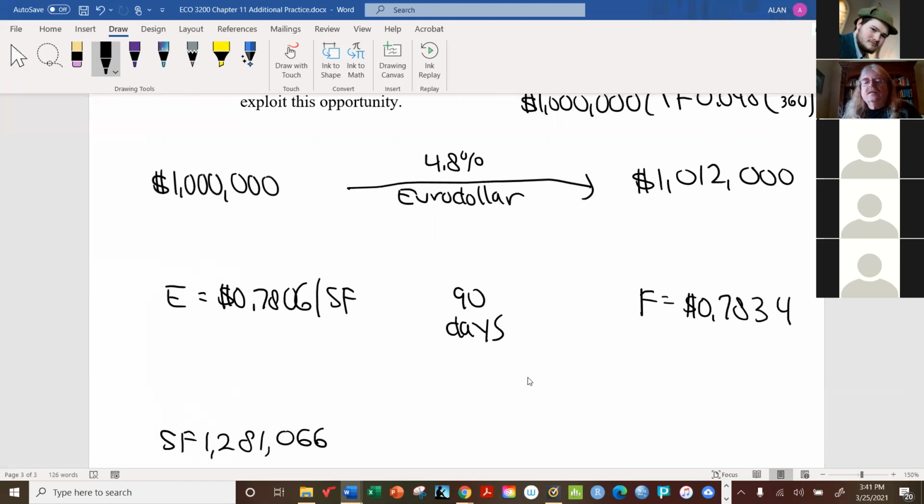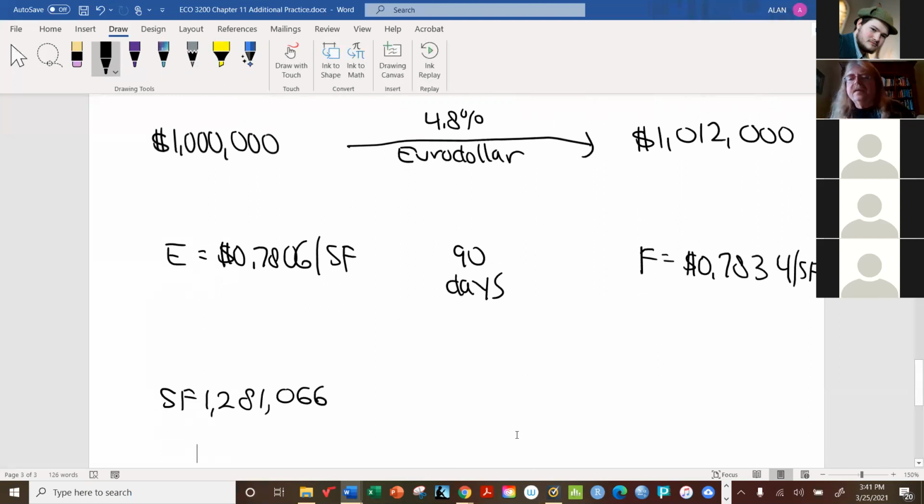So if you convert, and this would be, of course, per Swiss franc, if you convert $1,012,000 into Swiss francs using that exchange rate, you're actually dividing, and you'll end up with 1,291,805, let's say.